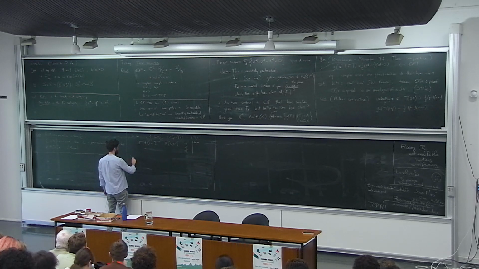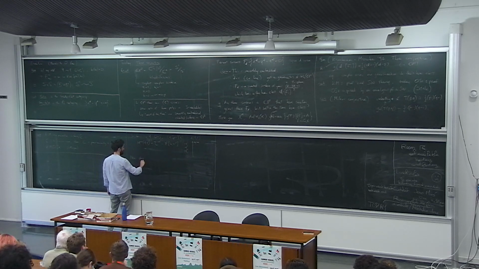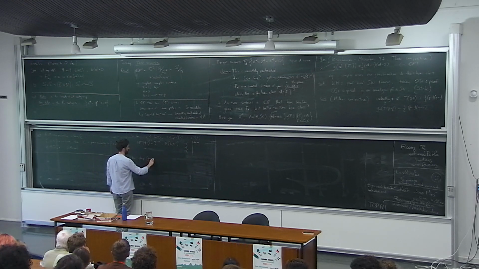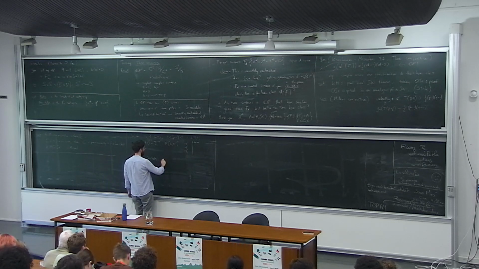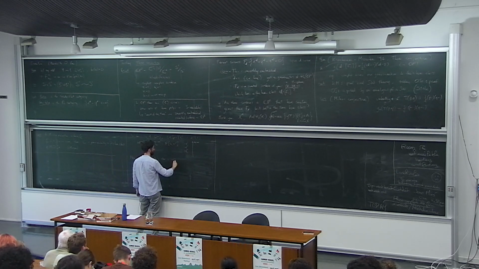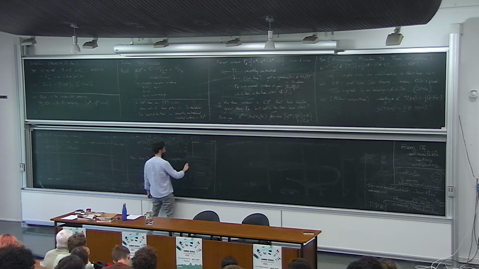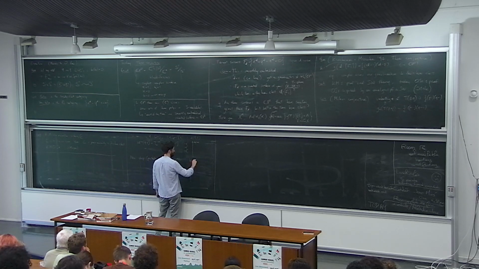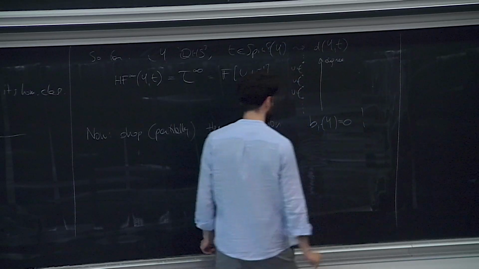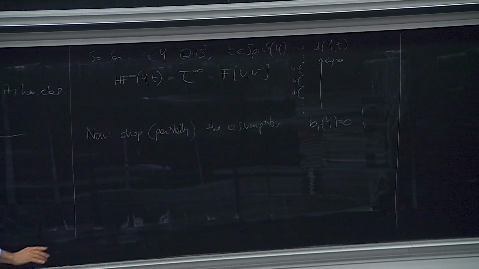So now, drop partially the assumption that b1 of Y is 0. So, word of caution, there are at least two ways of going about it. One way is to pass to fully twisted coefficients that I don't want to do.